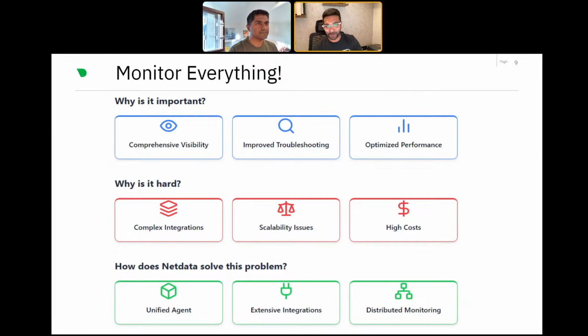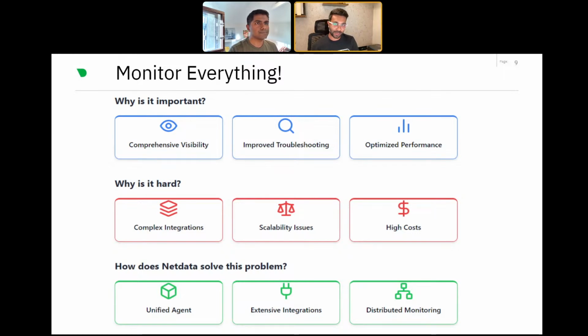I don't even think I need to go into this, but just for the sake of completeness, comprehensive visibility. Assuming you only set up your monitoring for your servers and VMs, but had nothing for your network devices. Or possibly you set up everything at the system level, but did not have anything to monitor your applications, whether it's your databases, your web servers, you name it.